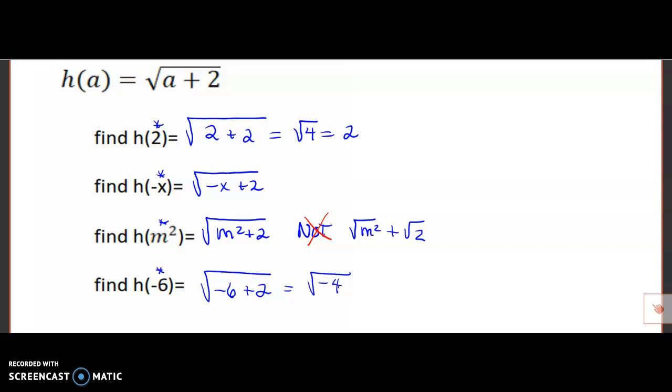Since these functions are defined in the real number system, square root of negative 4 is actually an imaginary number, which is not a real number. All of our work has to be in the real number system. And since that result is not a real number, this one is undefined.